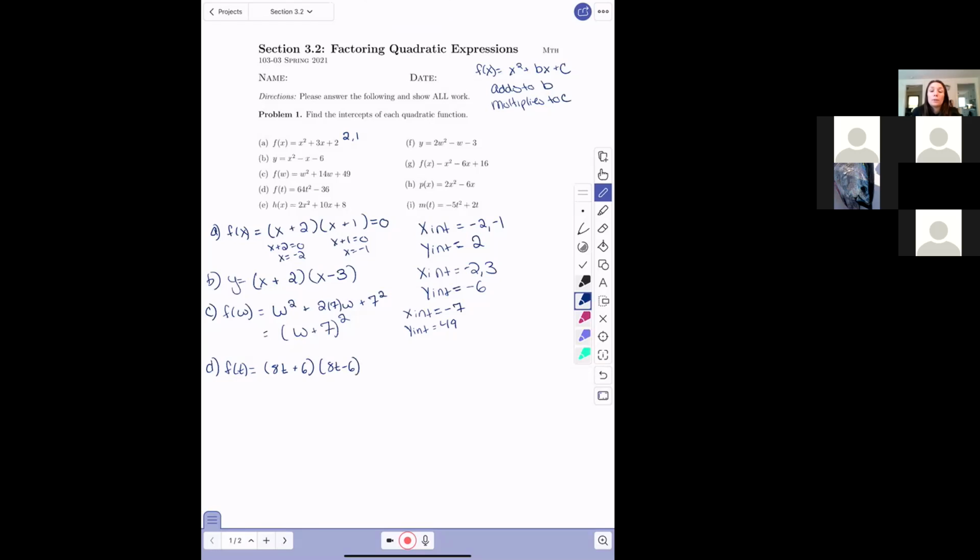And when you FOIL this out, you'll realize that the middle term, the b times t term in this case, cancels out and equals 0. So you end up with your perfect squares.